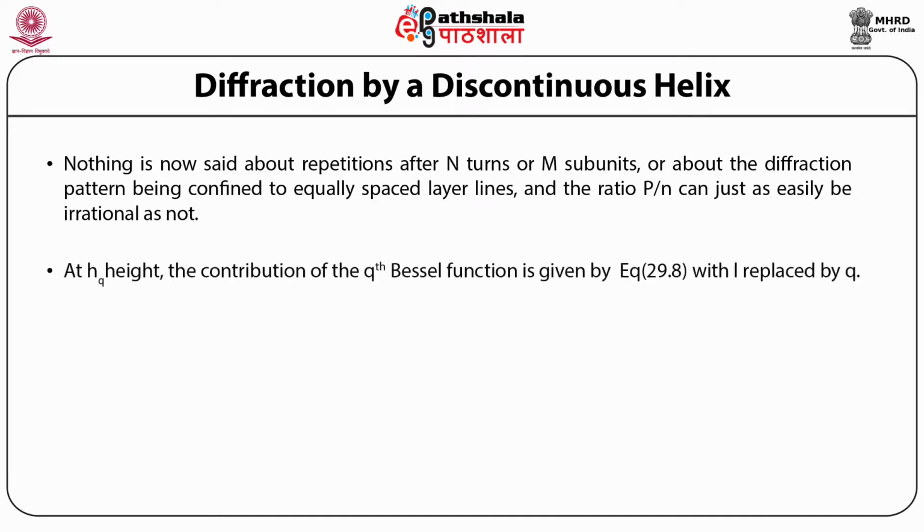At eta of q height, the contribution of the qth Bessel function is given by equation 29.8 when l is replaced by little q. So capital F as a function of r, psi and l over P is given by a product of the Bessel function J of order l of 2 pi r R multiplied by e power il times psi plus pi by 2.